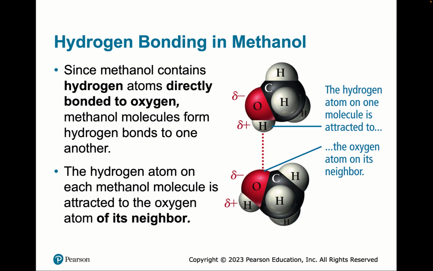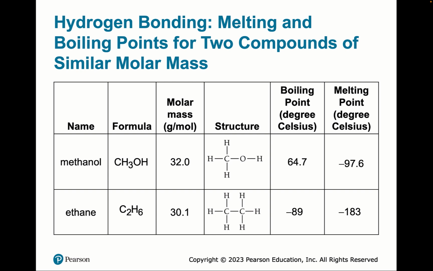Because of this, you can see that the proton in the top methanol molecule that's attached to the oxygen has that pretty strong polar bond, and then it's attracted to the negative end of another methanol molecule. Because of that, it's a relatively strong attraction and has stronger intermolecular forces.